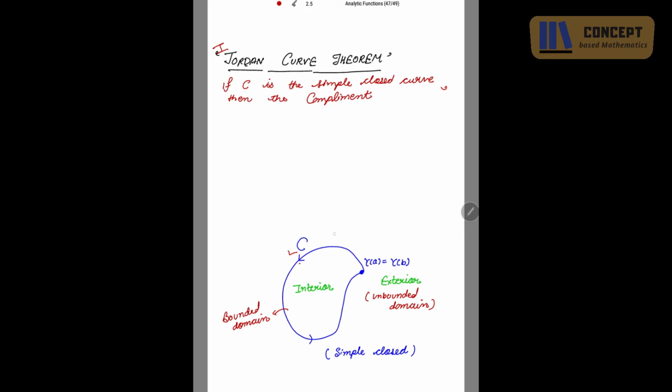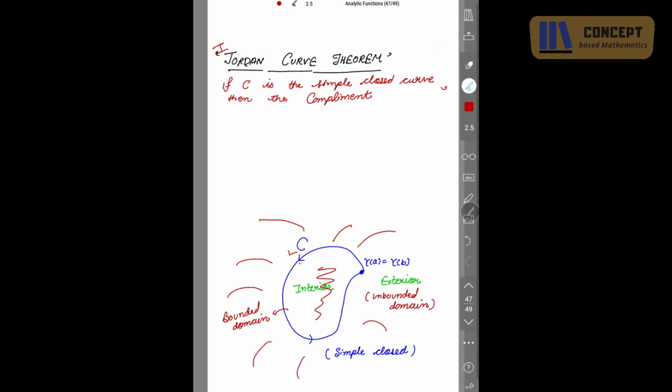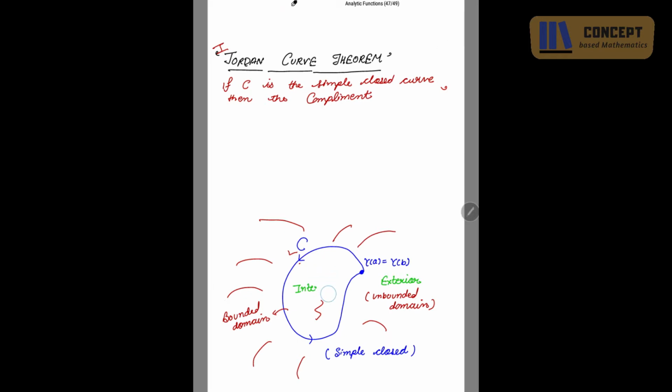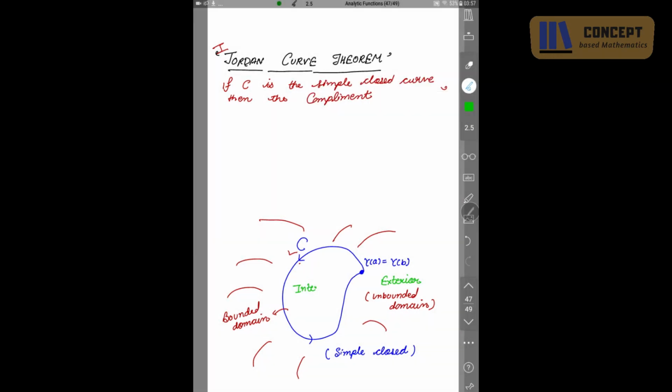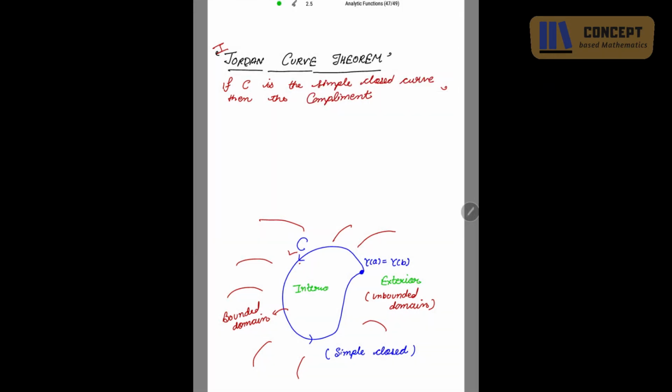If this is C, then this is the complement of C, which excludes this interior. So the outer part is the complement of C.